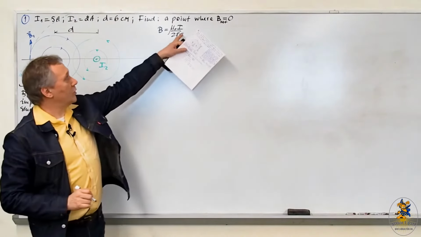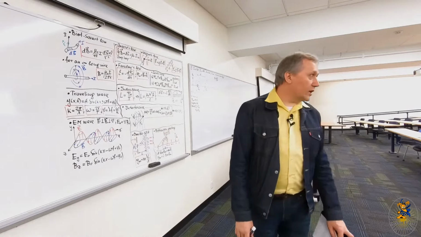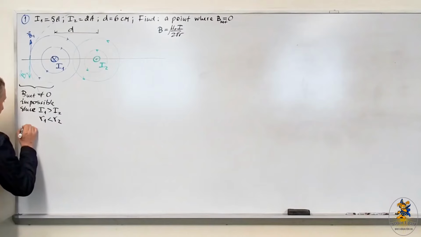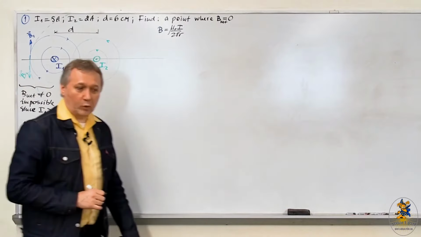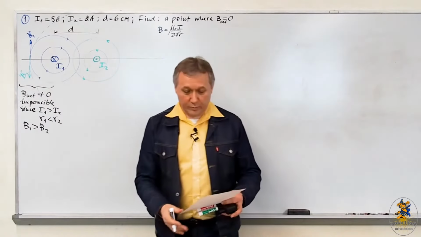So the distance is smaller and I1 is larger, so of course B1 is going to be larger than B2 all the time, always. So in this region, it's impossible.